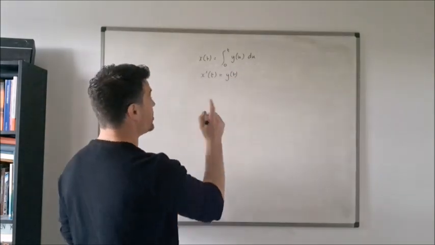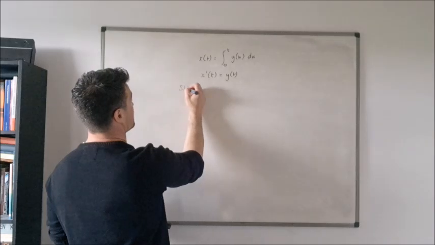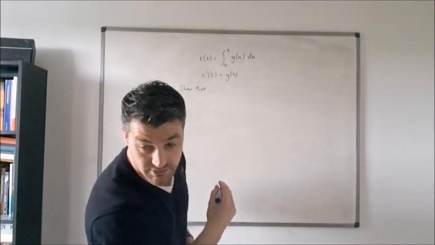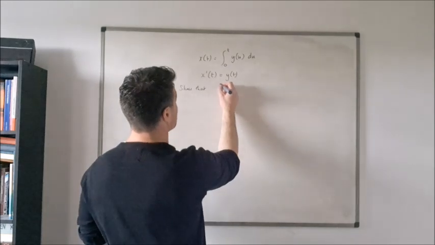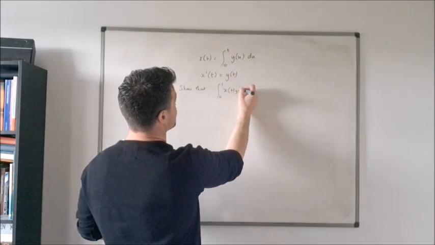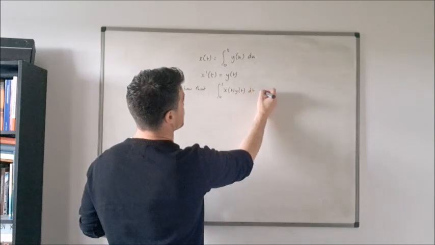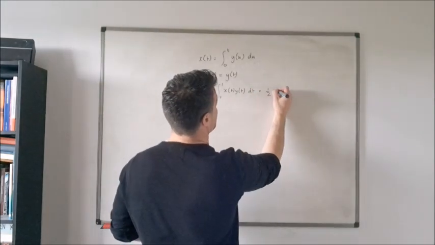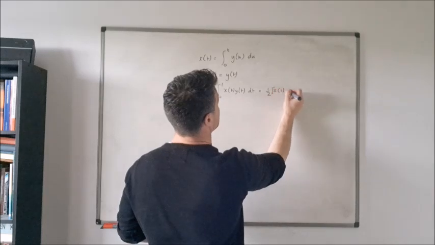We need to show that the integral from 0 to 1 of x of t y of t dt is equal to half of x of 1 squared.